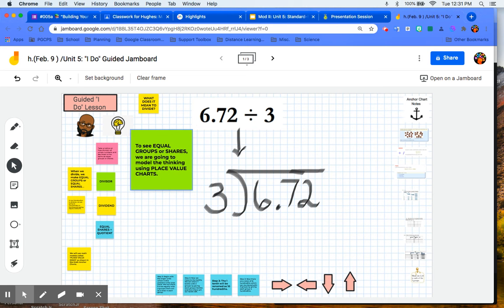To see equal groups or equal shares, you're going to hear me use that term often. We're going to model the thinking using place value.